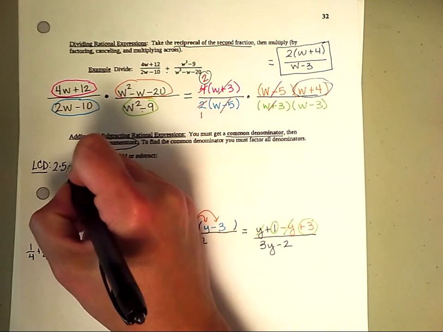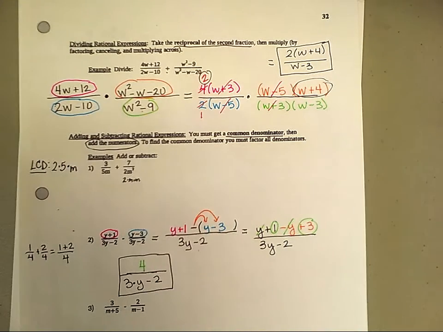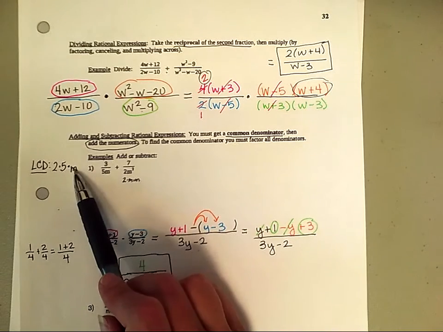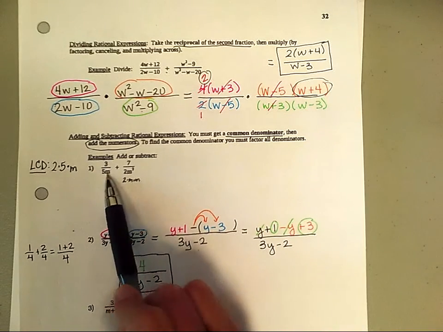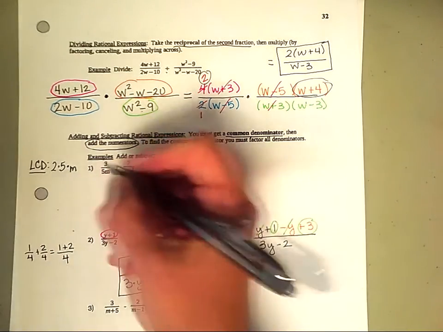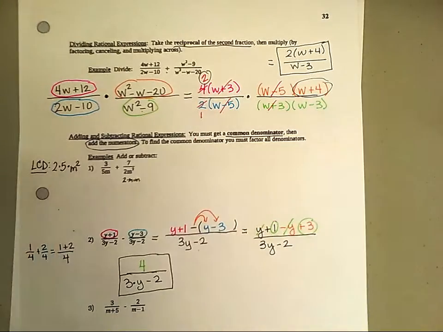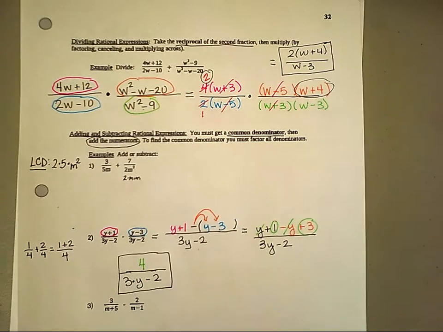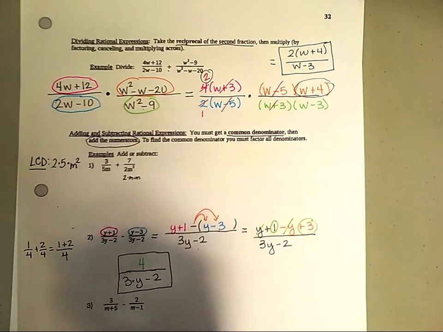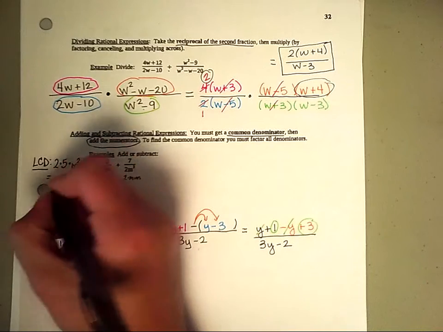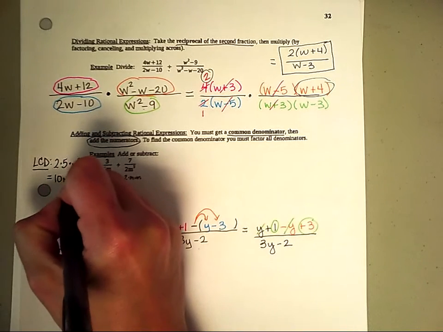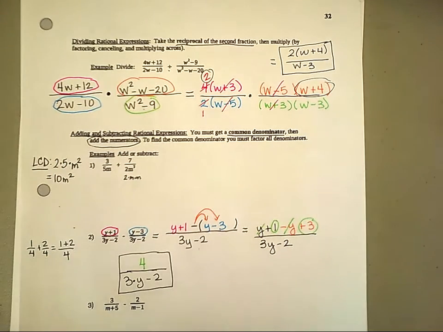And then both terms have m, but we need to represent it more than one time, because there's 1 m, but there's 2 m's. It's there 2 times. So we have to represent each factor the maximum amount of times in either denominator. So in this case, our least common denominator is 10m squared.